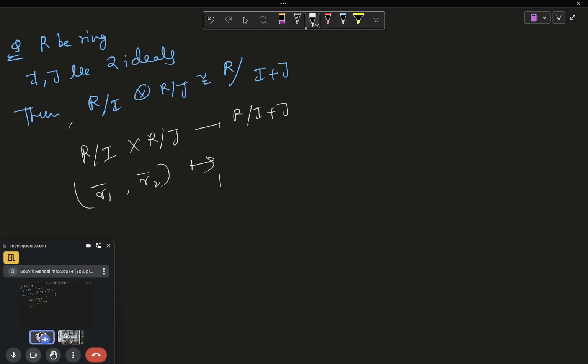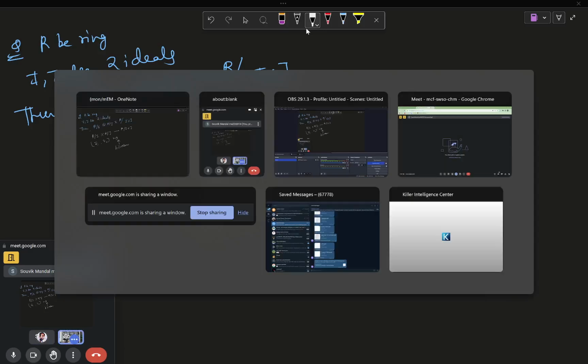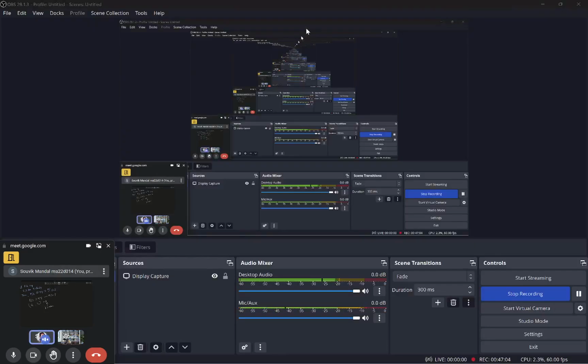Also, the map you take has to be bilinear. So now tell me, what is the expected map?